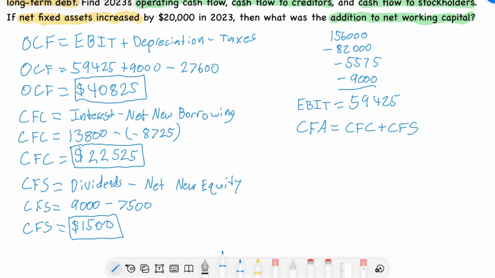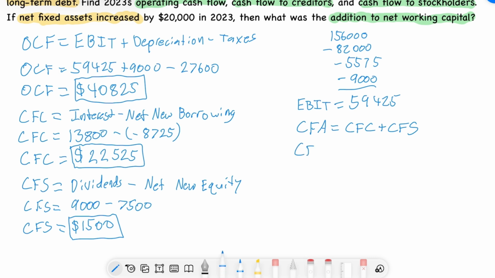One thing I want to highlight about this equation is notice we have assets, liabilities, and equity. Essentially, this is the same thing as the accounting equation that we have at the very beginning. It's just we are using our cash specifically. These are specifically talking about how we spend cash regarding those different areas.